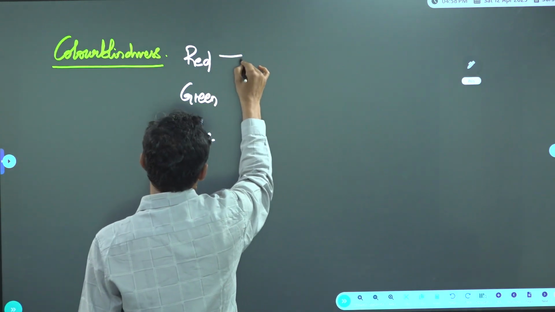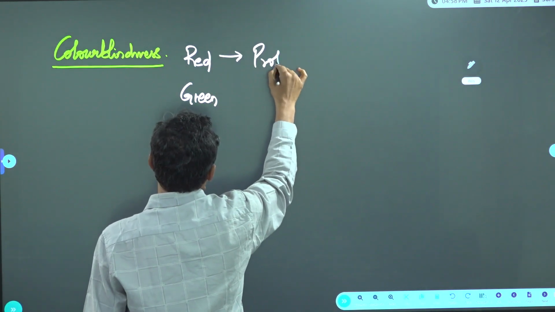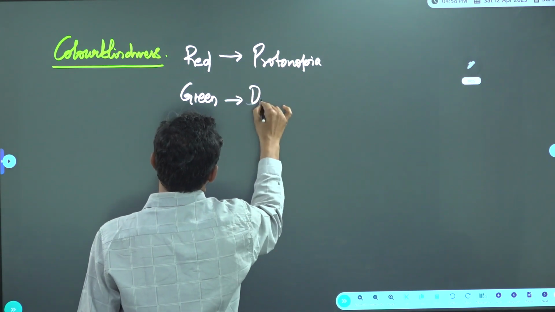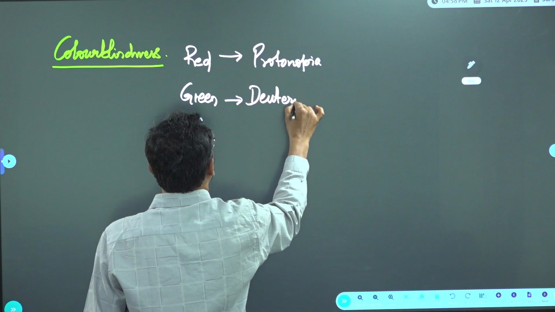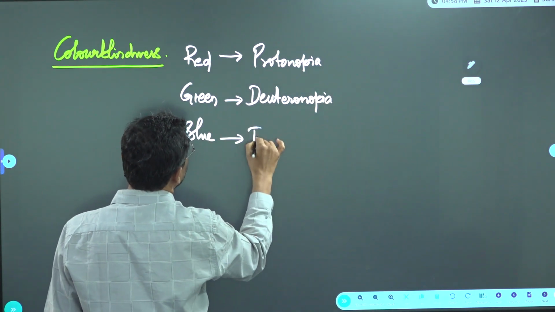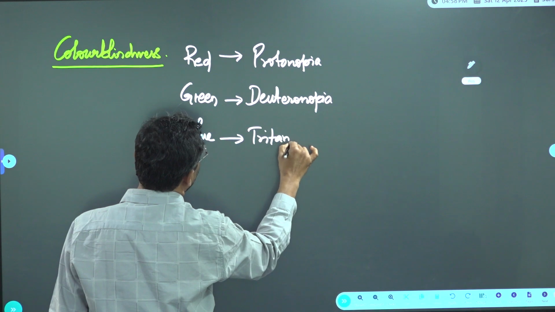So red color blindness is called protanopia. Green color blindness, deuteranopia. And blue color blindness, tritanopia.